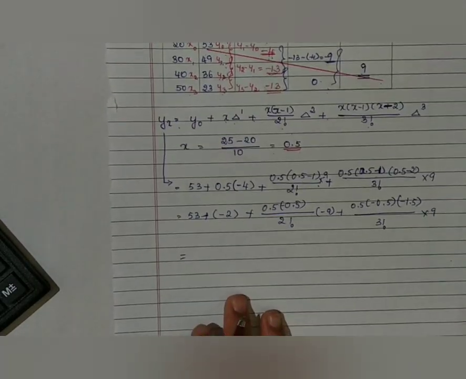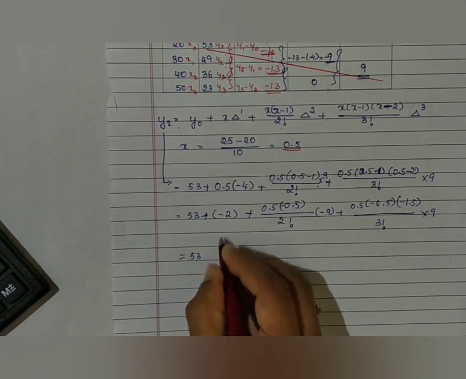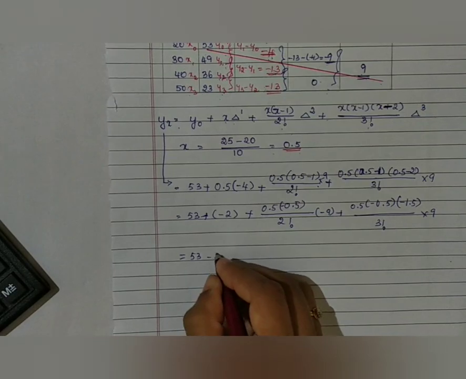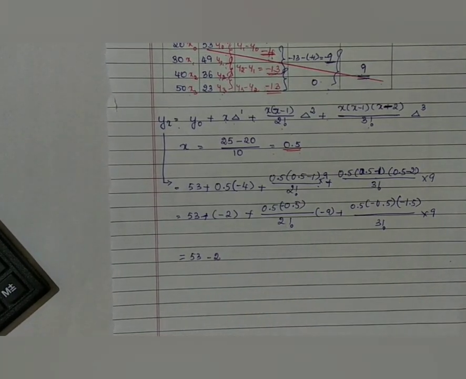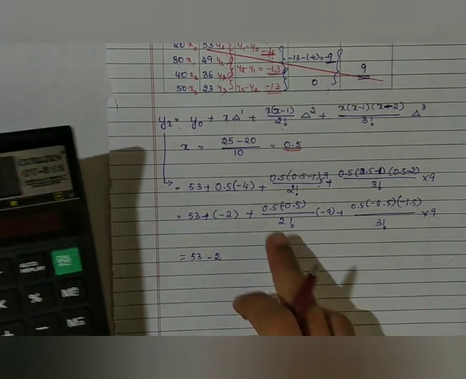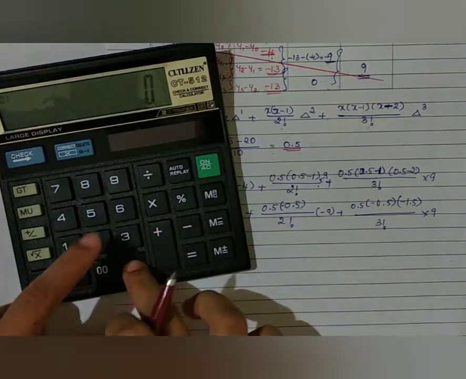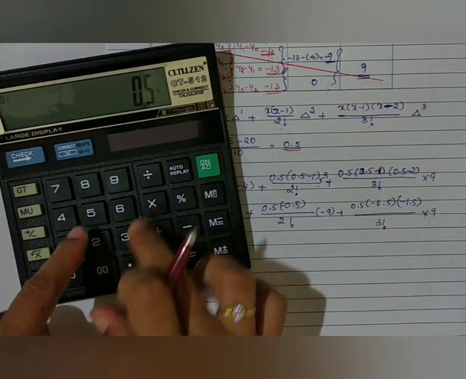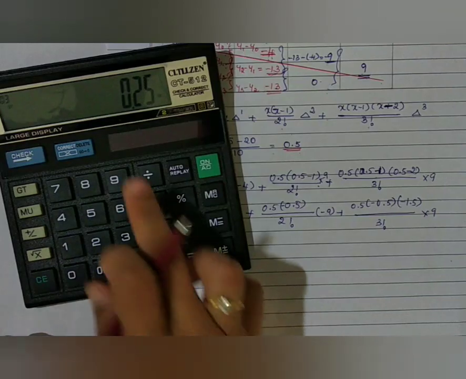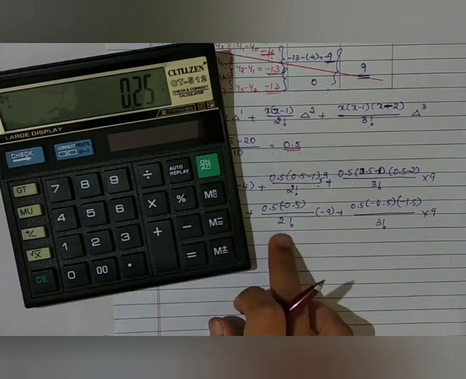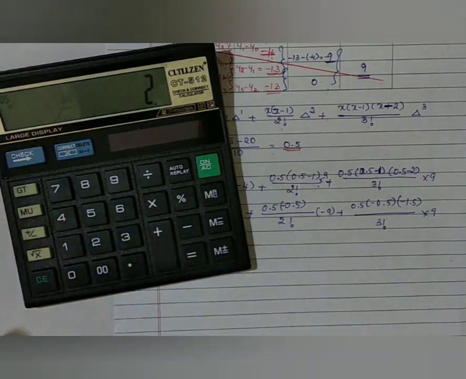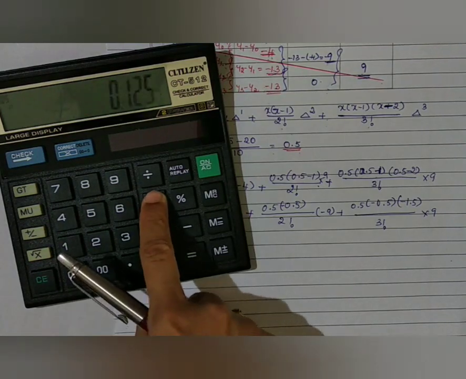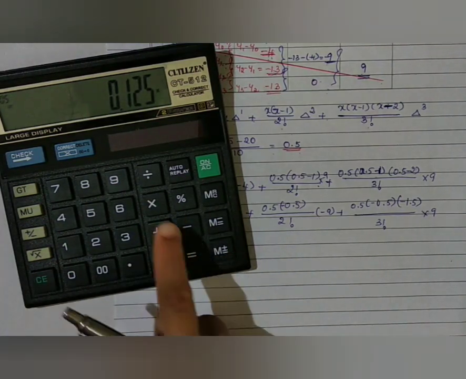Next step: 53 plus minus 2, and here 0.5 into minus 0.5 will be minus 0.25 divided by 2 factorial, 2 into 1, divided by 2 into minus 9.